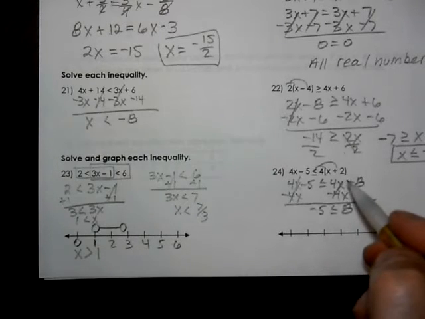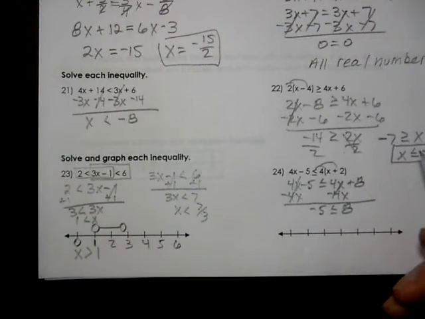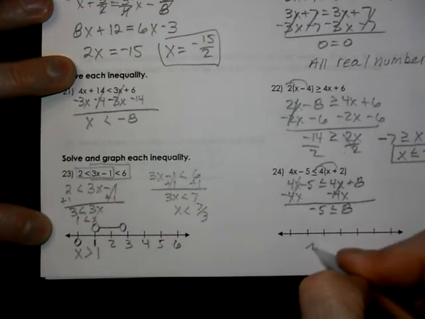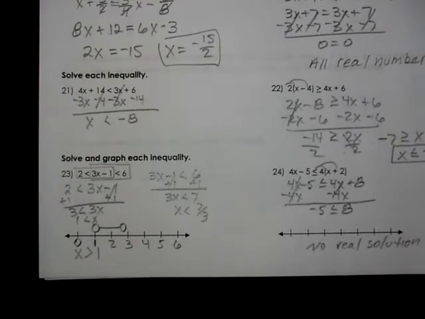Because there's no x values left over, there's no real solution for this. This is a true statement, but without any x's, it's an automatically no real solution. There's no answer that's going to make that true.